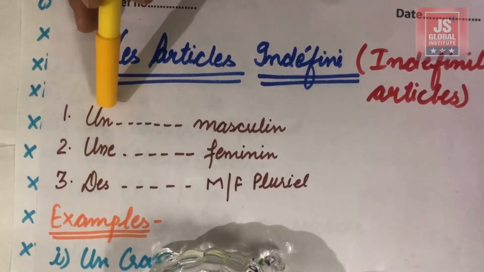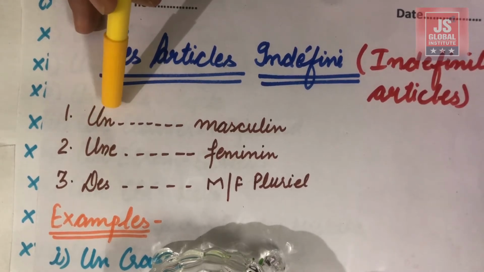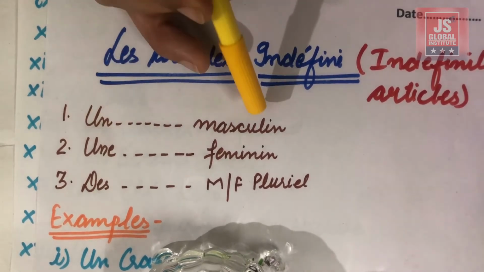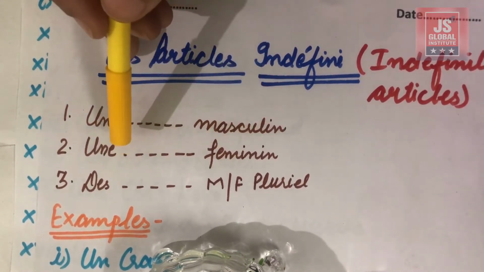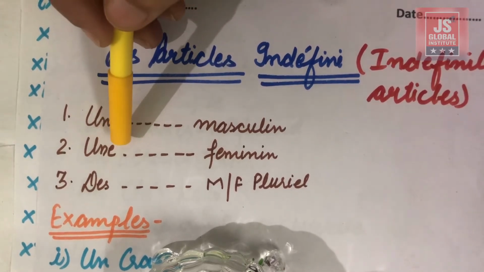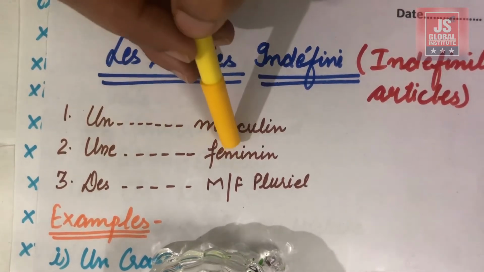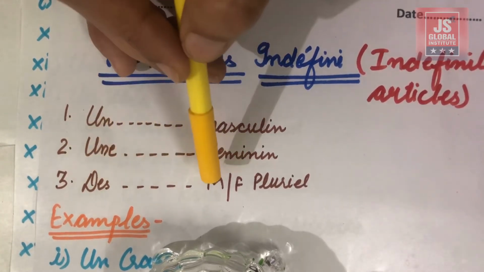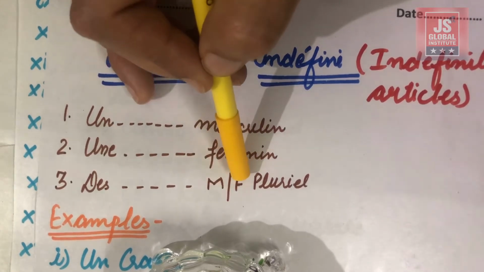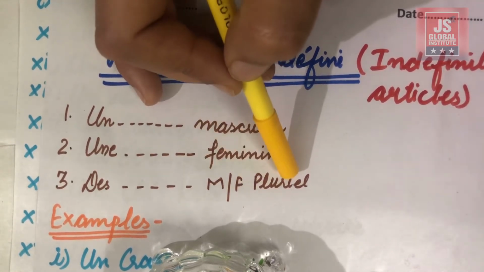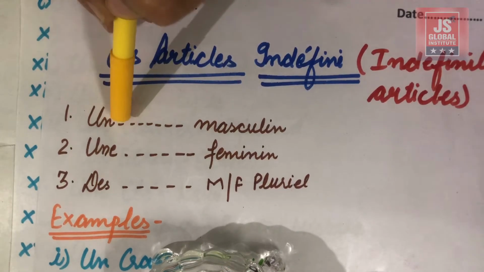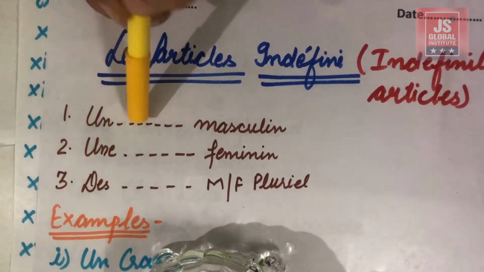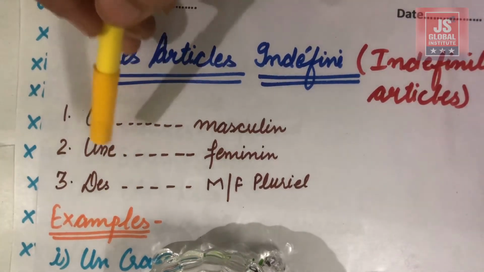So this is un, and it is used for masculine things. Une. This is used for feminine things. They. So this is used for masculine and feminine plural things. Alright, so I am not here writing in any other language how they are pronounced. You have to learn them in French.